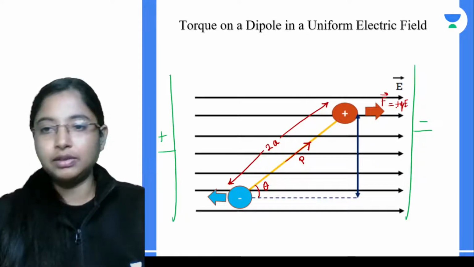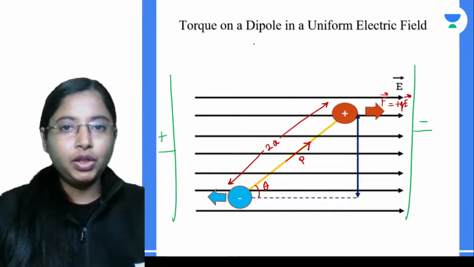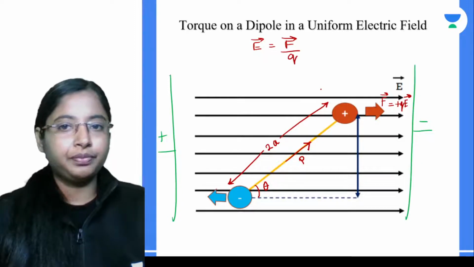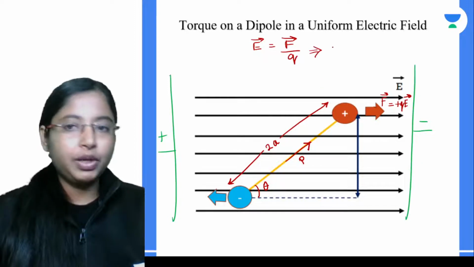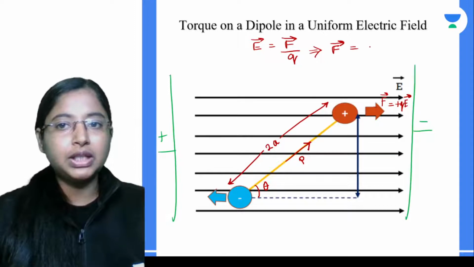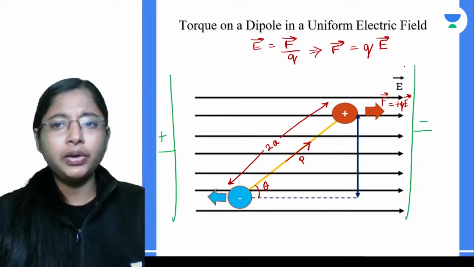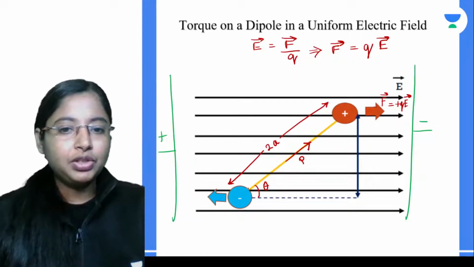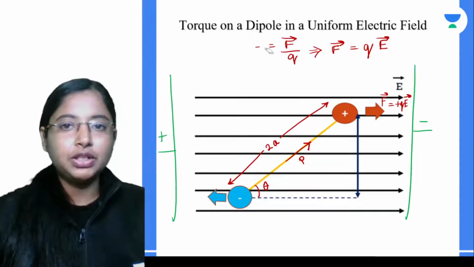How do we get this? It's very, very simple. We know what the electric field is: the force experienced per unit charge. So from this equation, the force is nothing but charge times electric field. That gives you the force. This gives us the force equation for the positive charge.